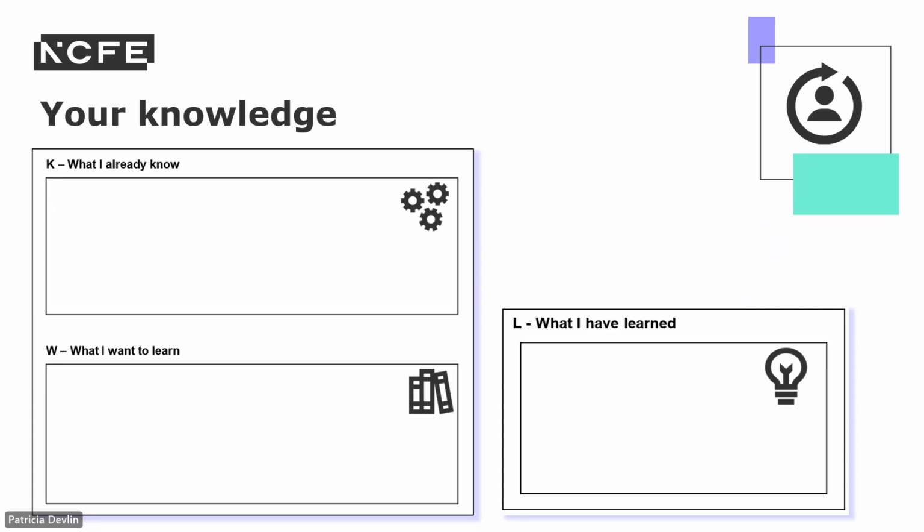So the first activity we're going to start with is a KWL activity, and this is within your workbook that you've had emailed out. So what do you already know about the Certs and what do you want to learn about the Certs? And then after the session, as part of your reflection, what did you learn?